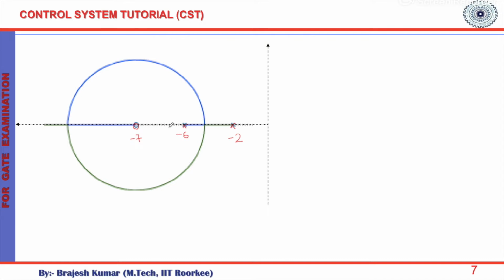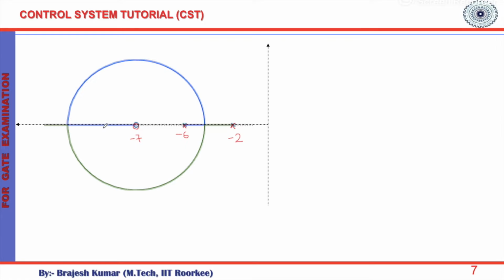For the next portion, two poles are there: 1 plus 1 is 2, with no zero, so it is even, and this portion of the real axis is not part of the root locus. Coming to this section, once again one zero plus two poles equals 3, so odd, and this whole section is part of the root locus.